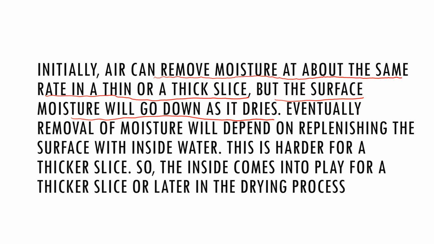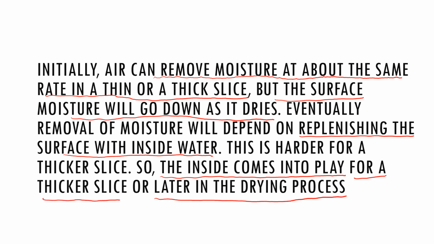Eventually, removal of moisture will depend on just how fast you can replenish the surface water with inside water. This is harder for a thicker slice because the water has to travel a longer distance. So the inside comes into play, or becomes important, more for a thicker slice or later in the drying process.